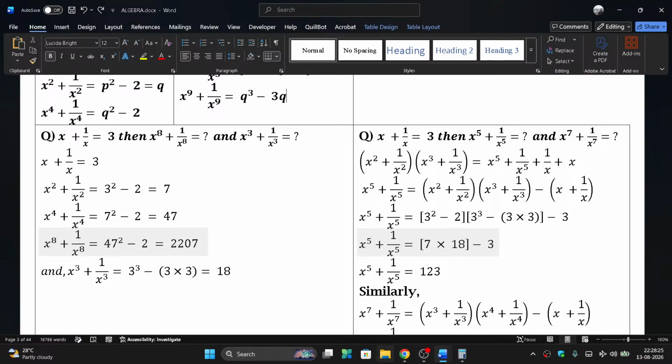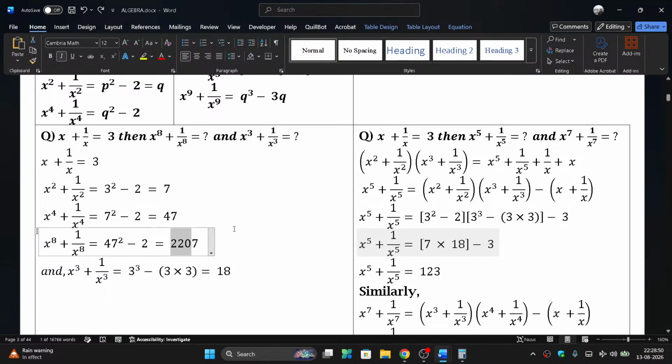If we need to find the value of x to the power 8 plus 1 by x to the power 8, then x plus 1 by x equals 3, x square plus 1 by x square equals 3 square minus 2, which equals 7. Then this would be 7 square minus 2, and this will be the value of x to the power 8 plus 1 by x to the power 8.